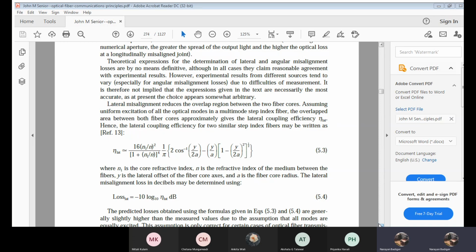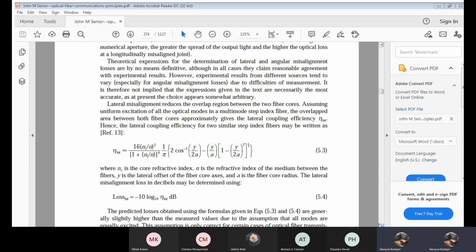And what is that equation? A very simple equation, but lengthier, which involves the refractive index of core, cladding, and the diameter. And what is y? y is the lateral offset of the axes, and a is the radius. That is, eta lat is 16 n1 by n whole square. I hope you can see the equation.